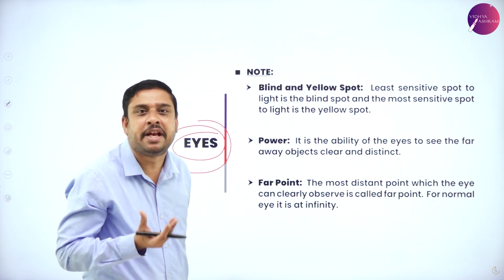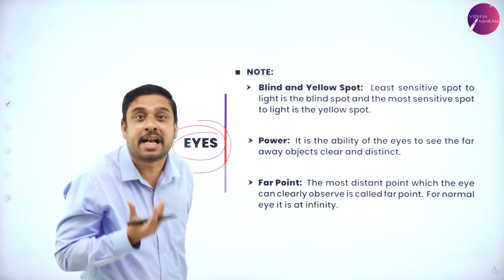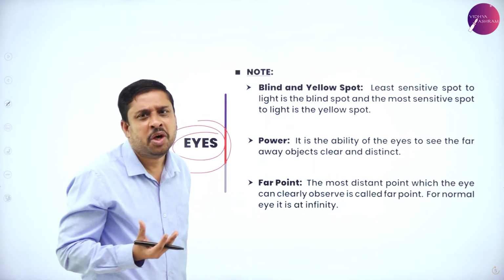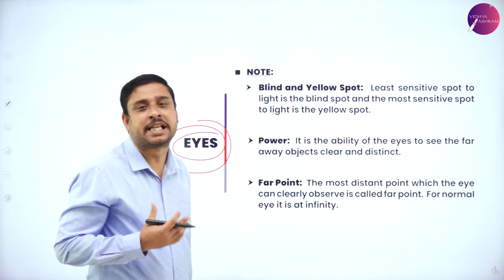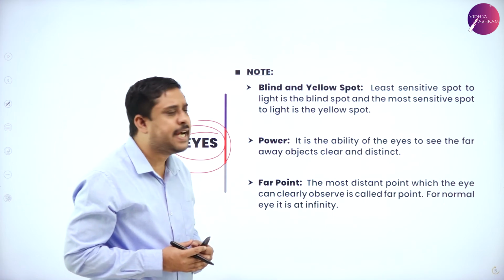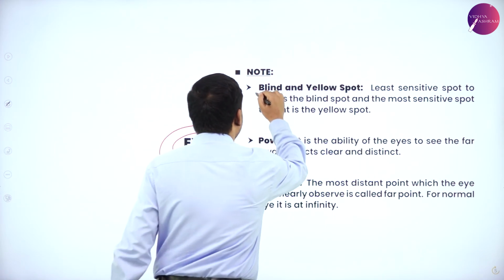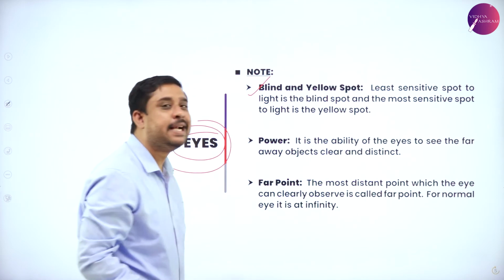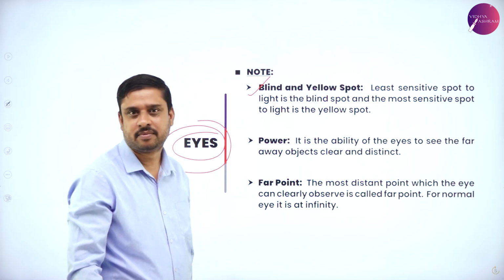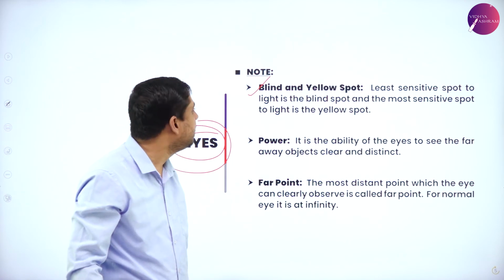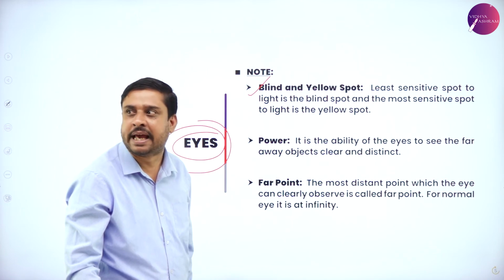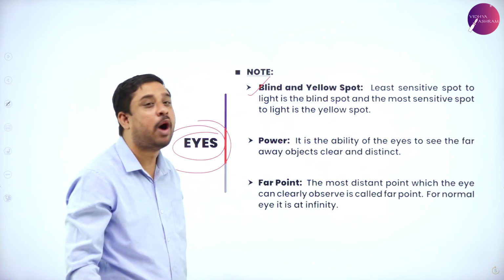A very, very important natural optical instrument. In your bio, you have studied very much with respect to eyes. Now, we study something called blind and yellow spots related to eyes. Blind and yellow spots, something concerned to eyes.